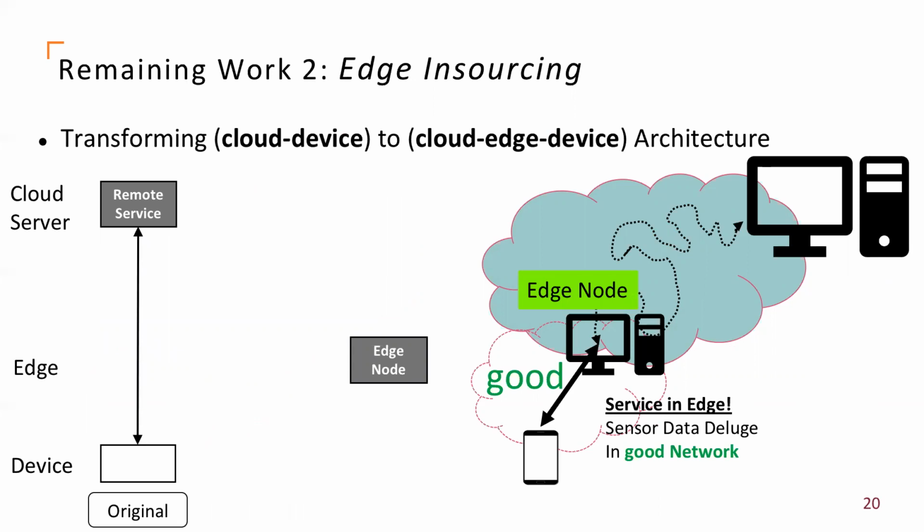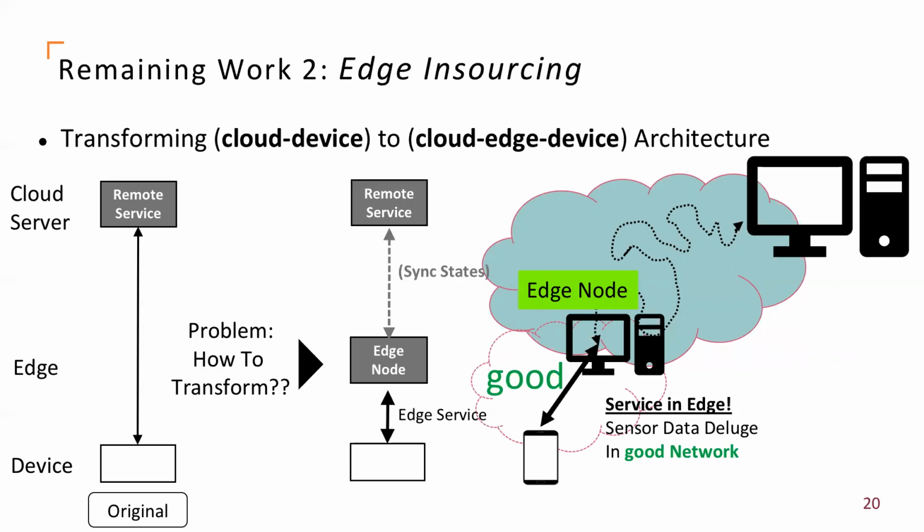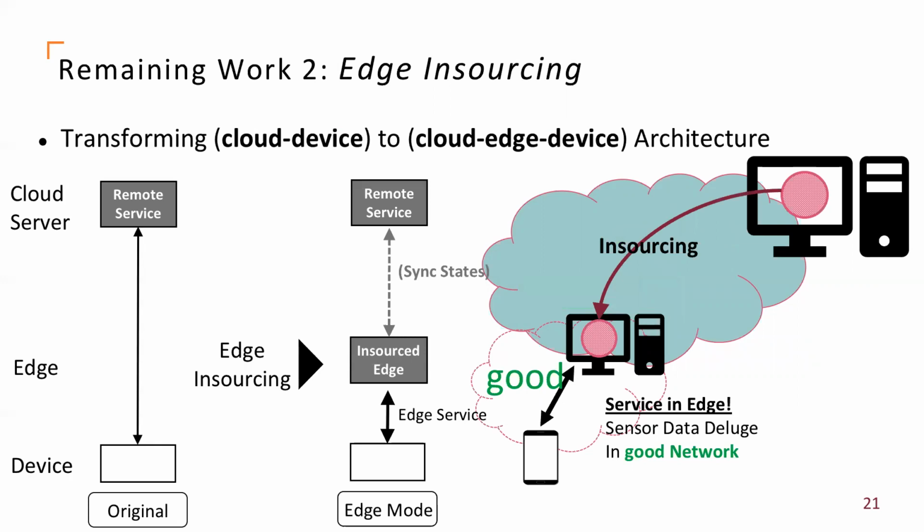To that end, the cloud-device two-tier architecture needs to be transformed to a three-tier architecture, including the edge node. However, this automated refactoring has not been studied a lot. Our client insourcing approach can automatically insource application functionality from the cloud server into the edge node to enable such edge services.